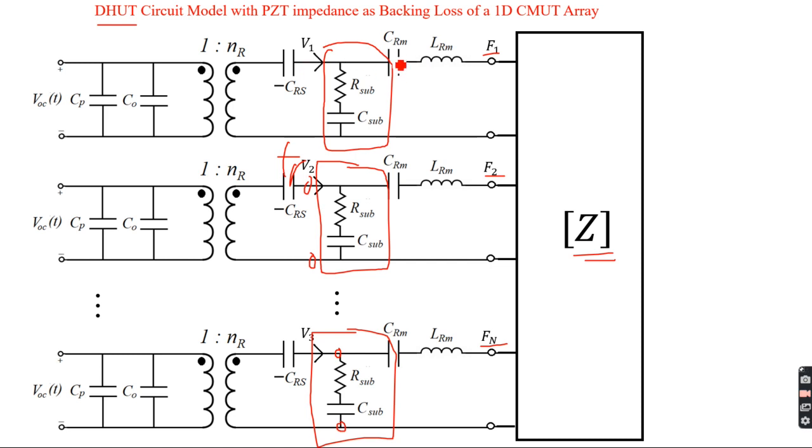let's say you have a hybrid architecture, you have a PZT as its backing. Okay, I mean, in applications in a probe, for example, PZT could be a transmitter and CMUT can be a receiver. In that case, you might look at a wider bandwidth of CMUT, because CMUT is going to look down at the other transducer architecture and is going to consider its effect as a backing loss, and then you might have more bandwidth.